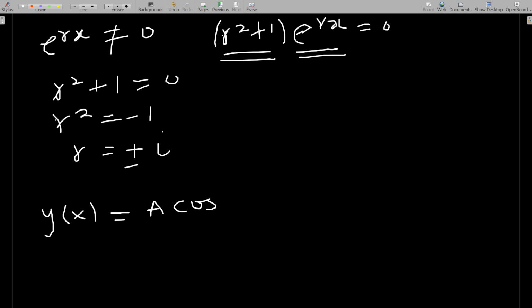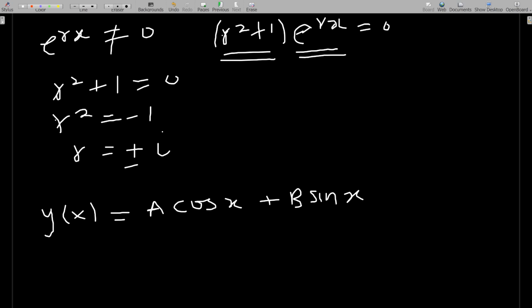It's plus or minus 1i, so the 1 there is what we need. So cos of 1x, so it becomes cos x, then plus b sine of 1x, which is x. So this is the general form for the BVP, the general solution to this. If a Green's function should exist, then it should take this form.